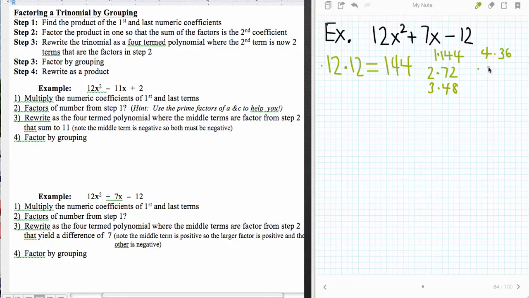And then 5 does not go into it, 6 is going to go into it 24 times. 7 is not going to go into it. 8 will go into it 18 times.